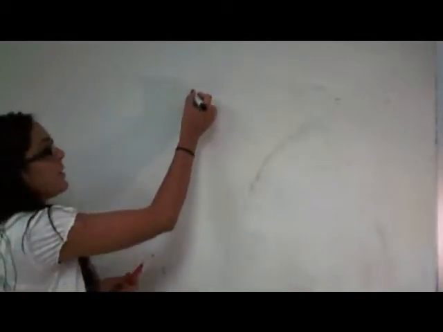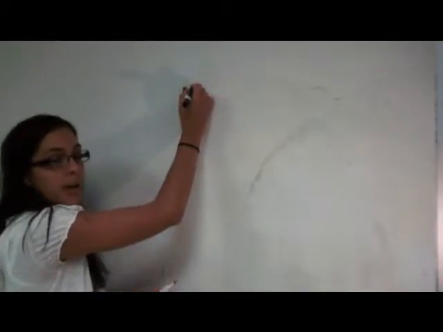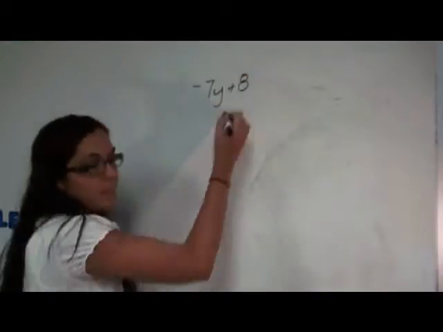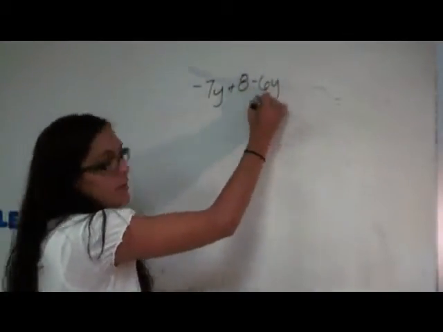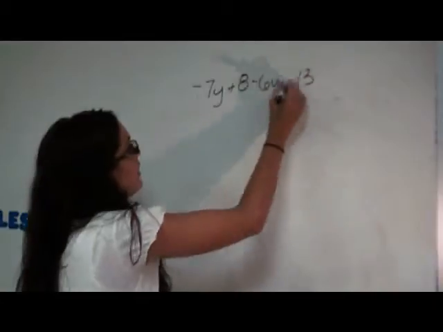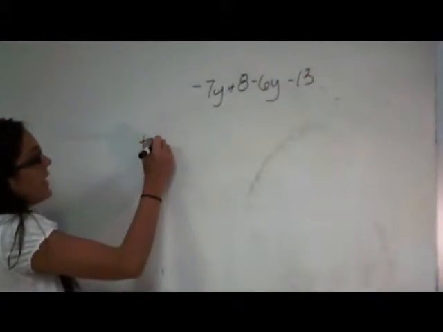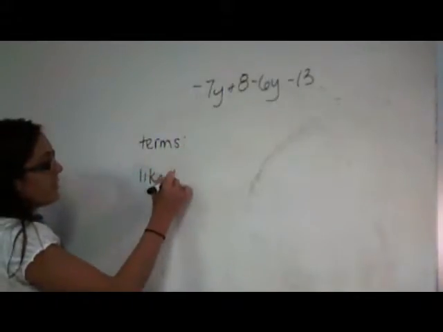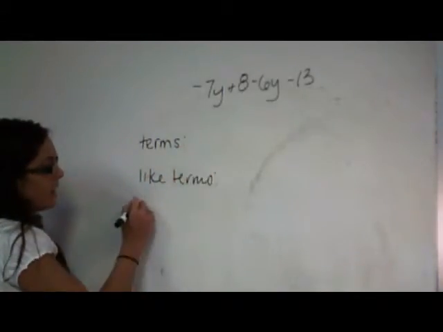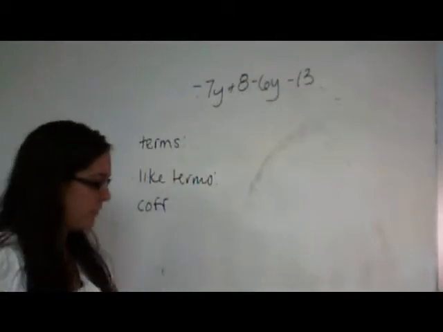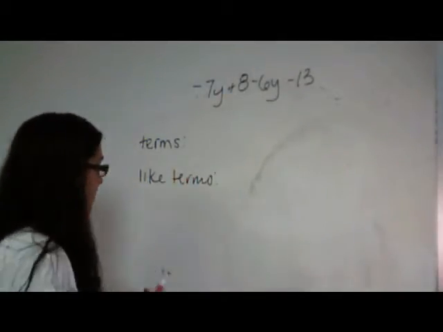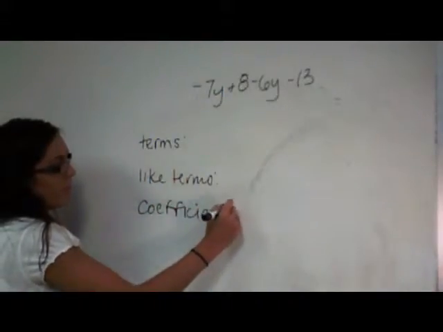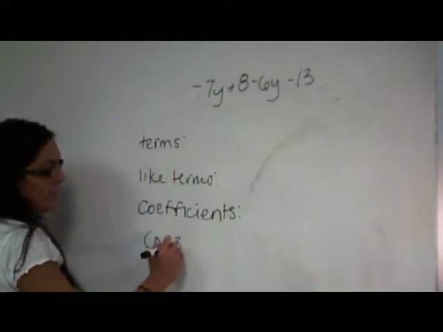All right, the last one that we have before we actually get to simplifying is going to be -7y plus 8 minus 6y, and then minus 13. So we want to identify the terms, identify like terms, identify coefficients, and then identify the constant terms.